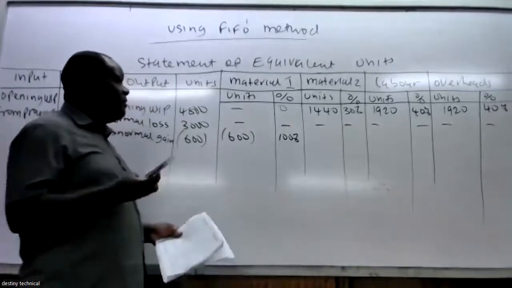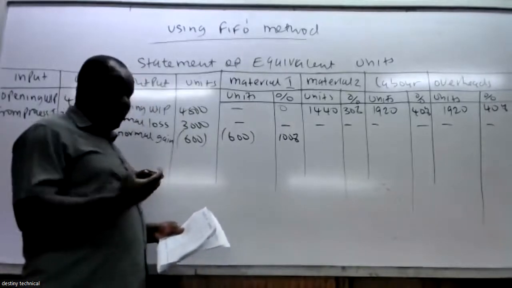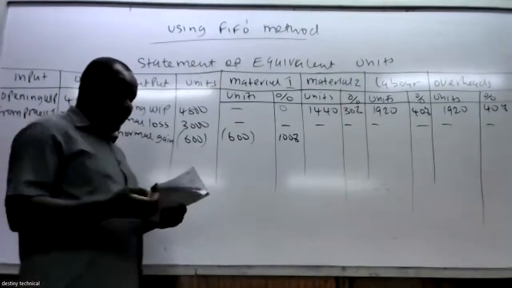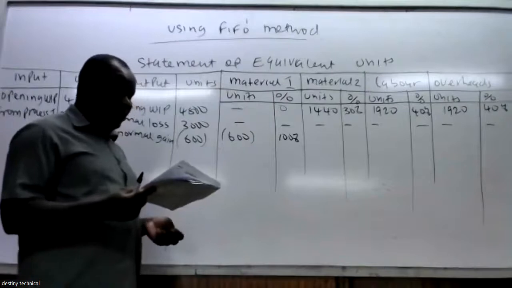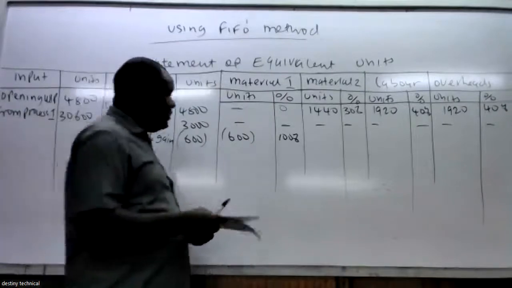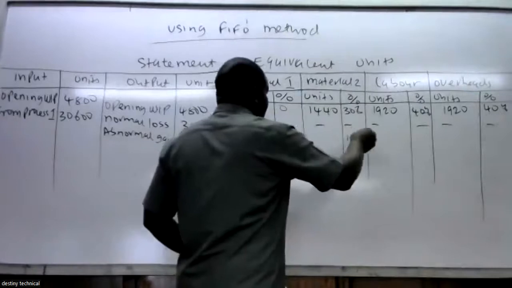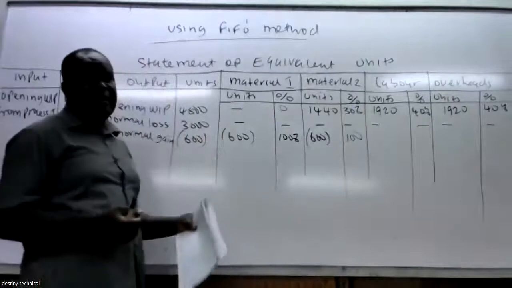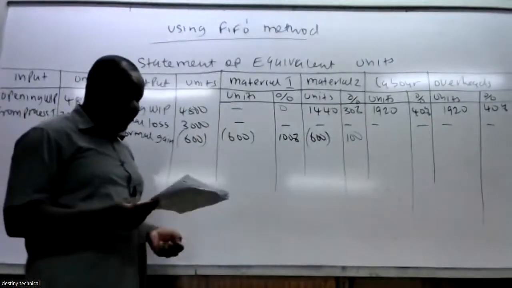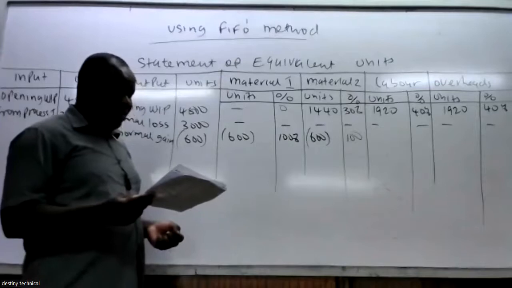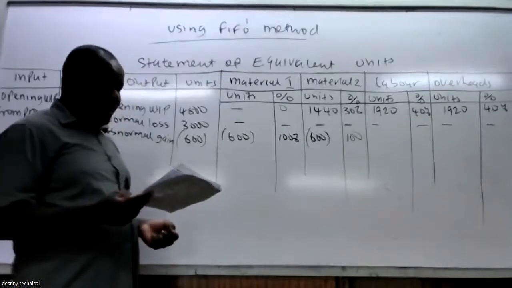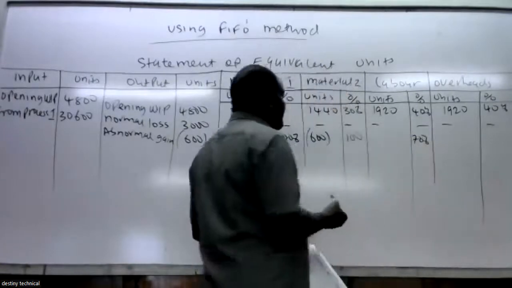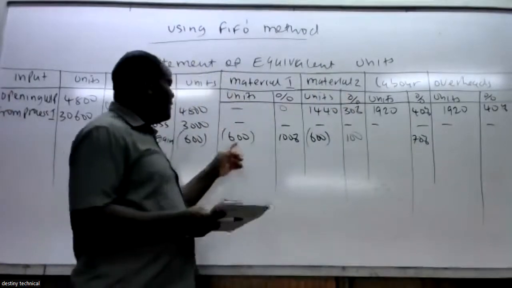Then, when it comes to material 2, it is the percentage that they have given you. Material 2 is 100%, so it will also be 600, which we are subtracting, that's why I'm putting it in brackets. When it comes to labor, in note number 3, labor is 70%. So we get 70% of 600.